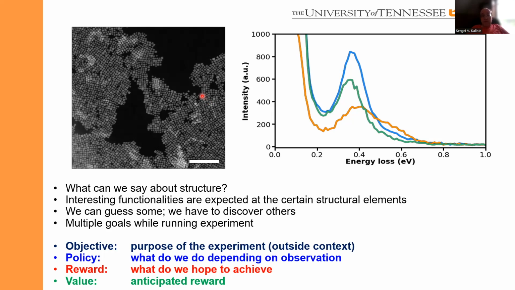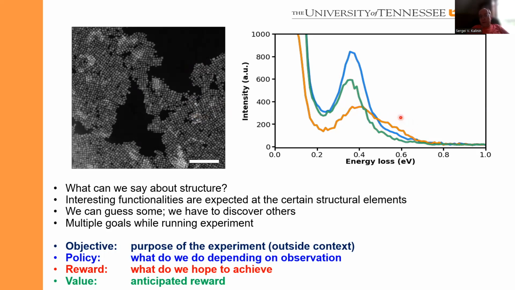However, there is another way to find the interesting regions. Imagine that rather than being interested in specific structural elements, we are interested in specific spectral elements. For example, if I take the spectrum from 3 locations of this image, in 2 locations I will have only a single peak in the EELS spectrum.